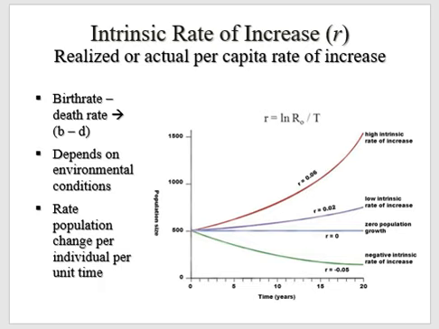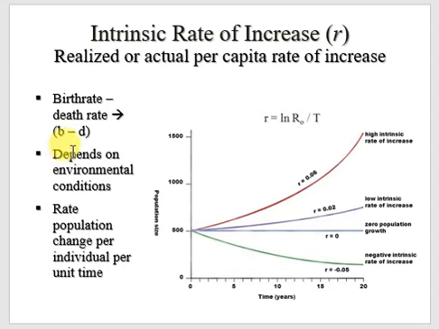Now, in closed populations, you don't have the contributions of movement. So immigration isn't in play, emigration isn't in play. So in your closed populations, the intrinsic rate of increase is defined as the instantaneous per capita birth rate minus instantaneous per capita death rate, right?